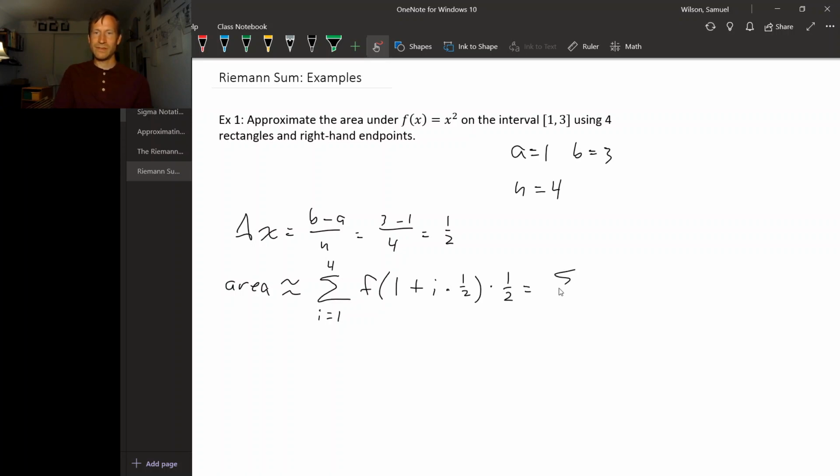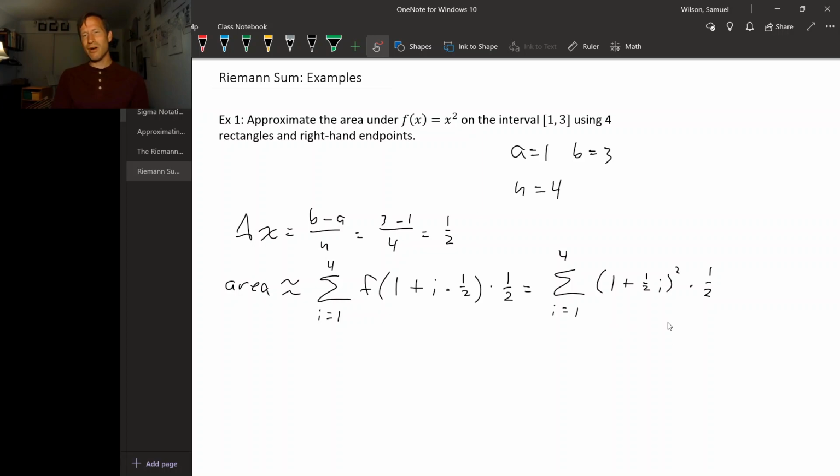So this is the sum from i equals 1 to 4 of, now we need to write out this function, but f is the squaring function. So it's 1 plus 1/2 i, squared, times a half. To get our approximate area, this is the sum we need to evaluate.